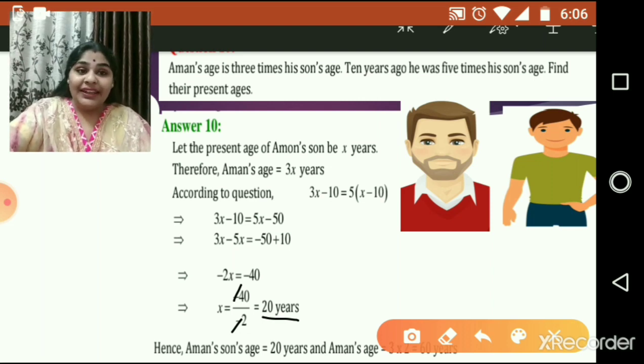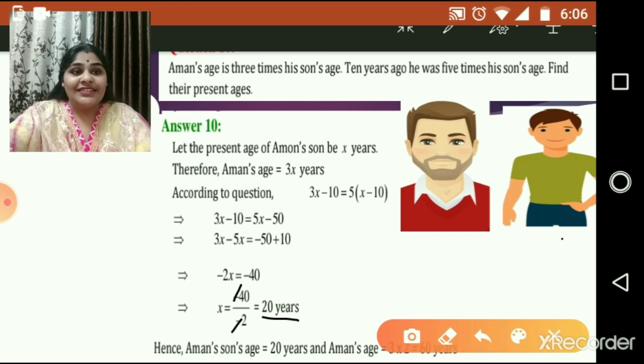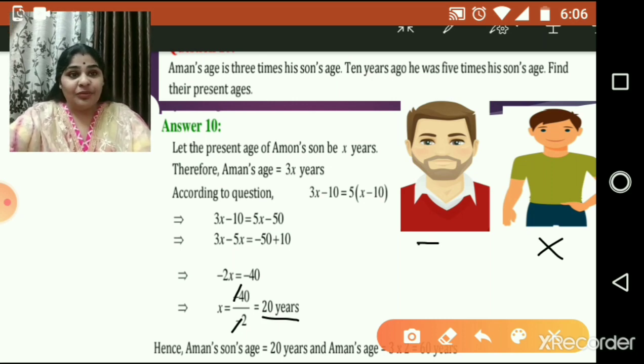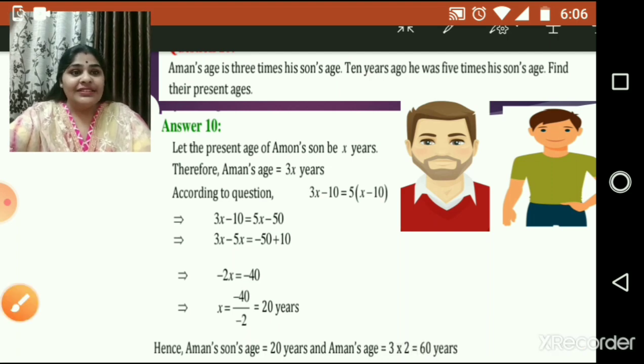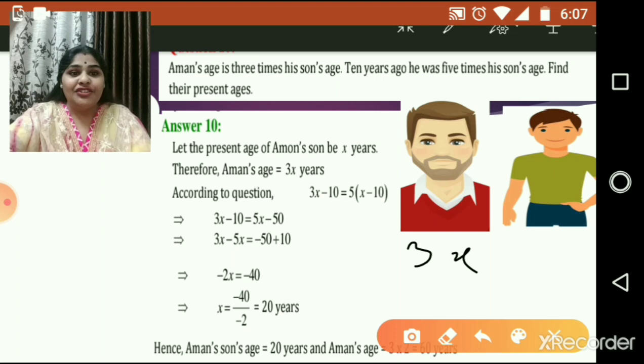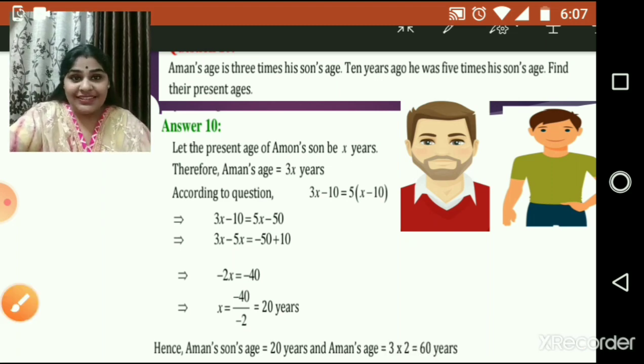So once we get x, we have already considered x as son's present age. So here we can write the answer, son's present age is 20 years. And what we have taken for Aman was 3 times x, right? So 3 into 20 will be 60 years.